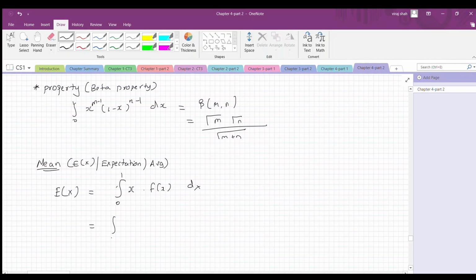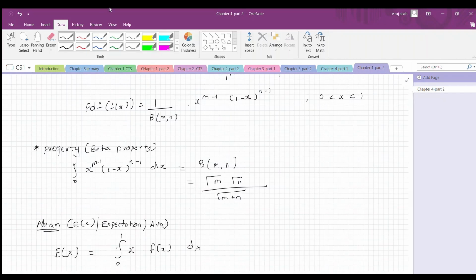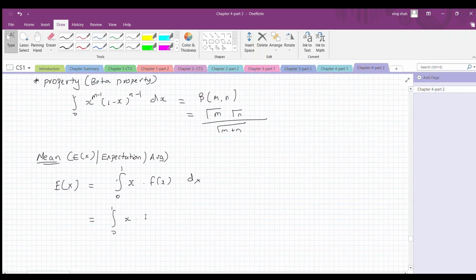Going ahead, what was my next step? It was to substitute f of x. What is f of x? It is 1 upon beta of m and n, x raised to m minus 1, 1 minus x raised to n minus 1.